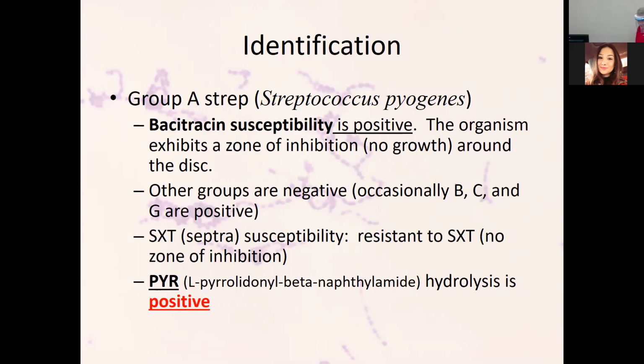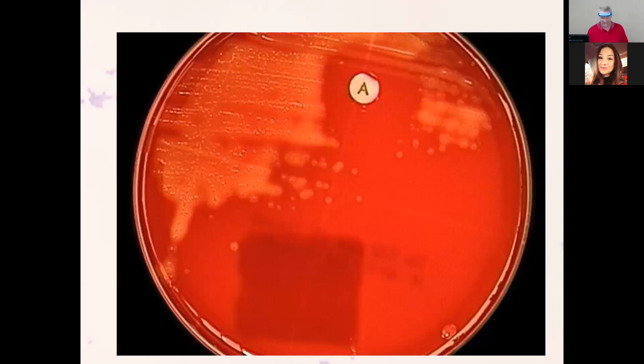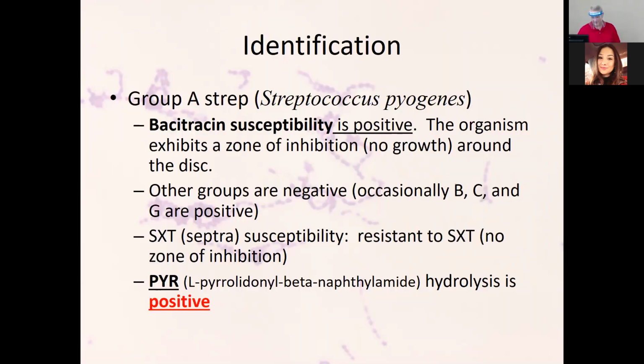So we'll have to see how easy it is to get confused. I even got confused on my P and A disc today. I said it was the P disc instead of the A disc for strep pyogenes. Sorry. And that's recorded, so if y'all want to use that against me later, you can.